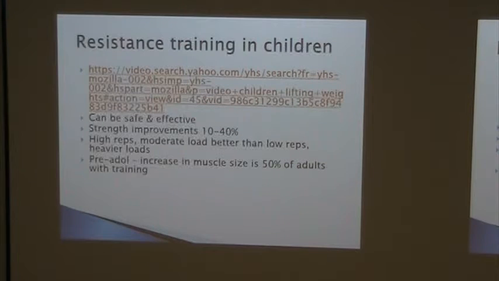Before adolescence, so somewhere for females before the age of 12, 13, males a little bit older, you can have an increase in muscle size, but take a child who's training, take an adult who's training, the adult is going to increase their strength 50% more.